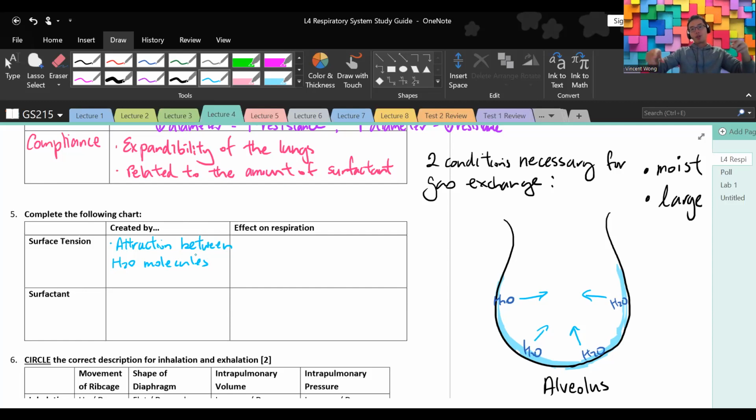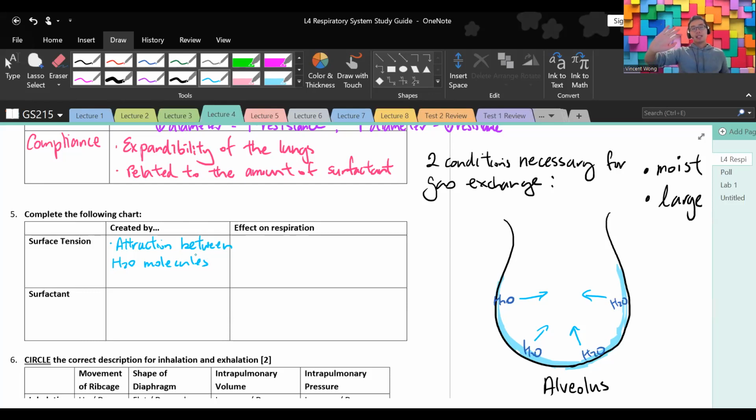Imagine you have a plastic shopping bag, and you glue magnets on the inside. Right? What's going to happen? Well, the magnets are going to attract each other and cause your bag to collapse, right? Okay, so that's what surface tension does. Right? It will cause the alveoli to close up.